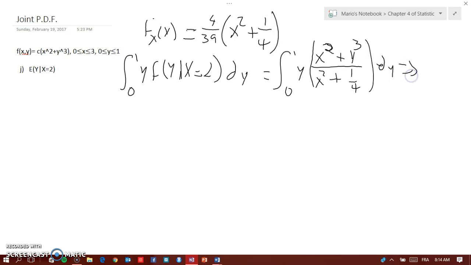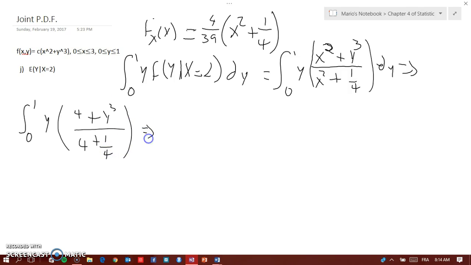That would equal, now before I continue, here it says that x is equal to 2. So every time you see x, you're going to put 2 instead. That would be the integral from 0 to 1 of y times 2 to the power of 2, which is 4, plus y cubed, over 2 to the power of 2, which is 4 again, plus 1/4.